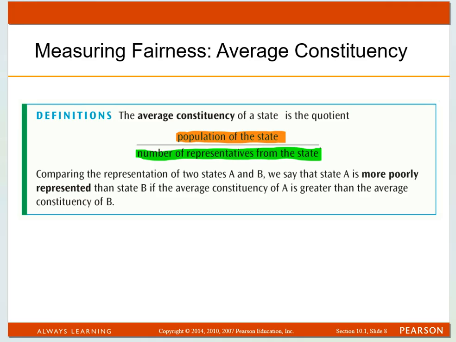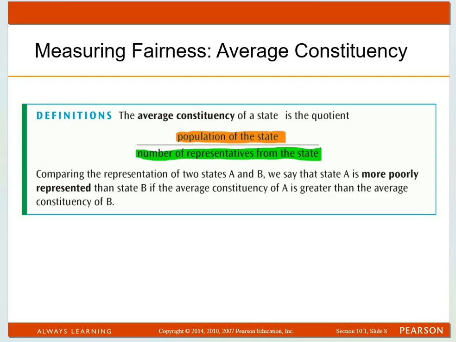Then you compare them. If you compare the representation of 2 states, A and B, we would say that state A is more poorly represented than state B if the average constituency of A is greater than the average constituency of B.